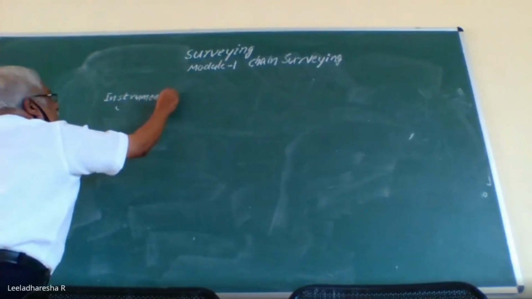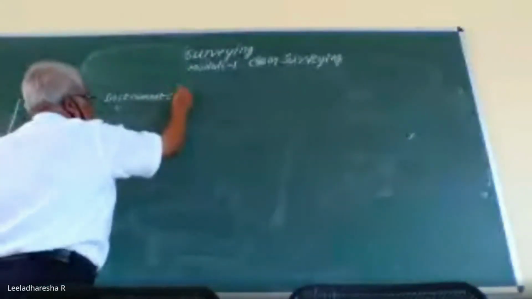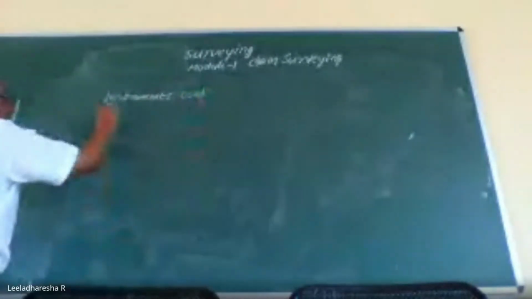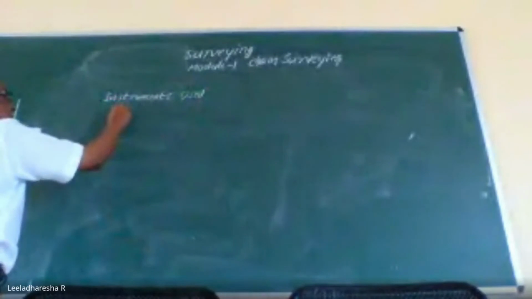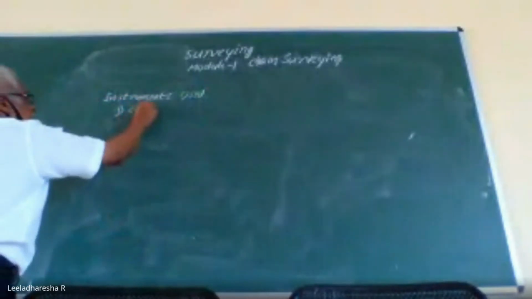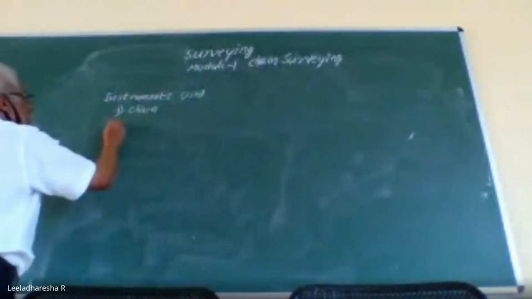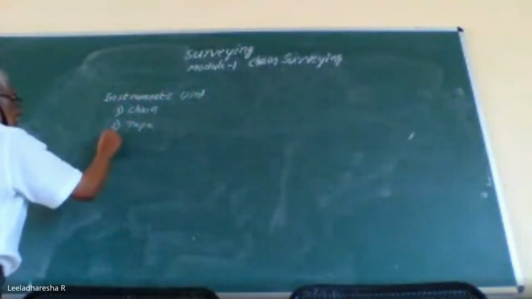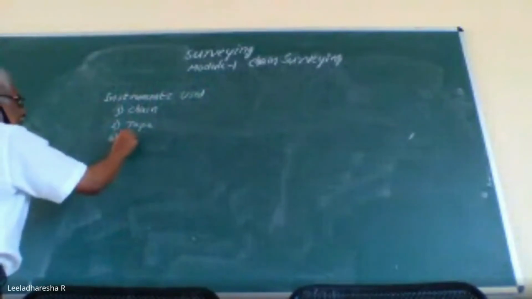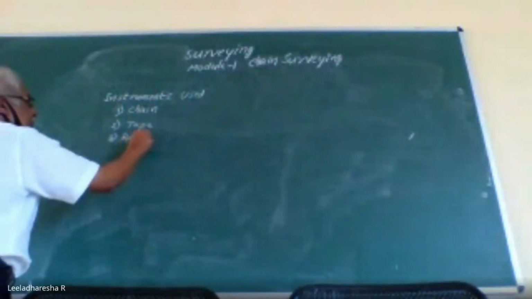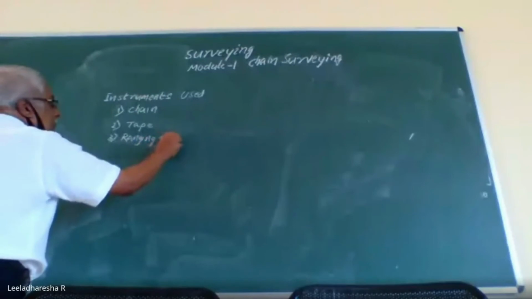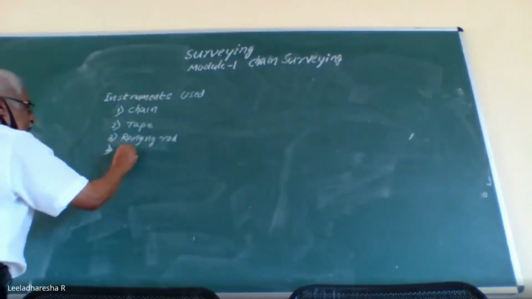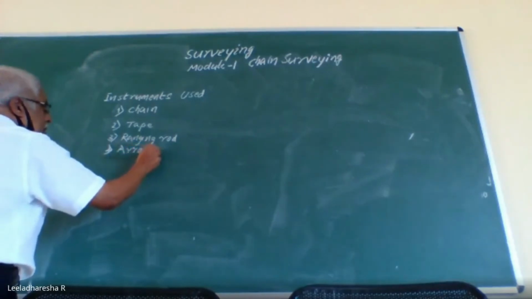Okay, now let us discuss various instruments used in chain survey. First one, chain. Second one, tape. Third one, ranging rod. Fourth, arrows.